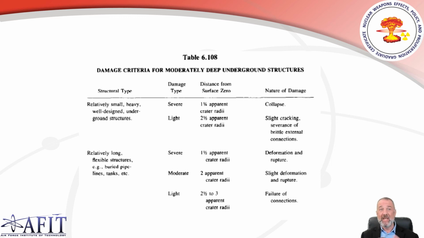Water is even more different, and that has to do with the incompressibility of fluids and the ability for the pressures and the shock generated by a detonation to propagate very much further and still have damaging effects than we would see underground or even in the atmosphere.